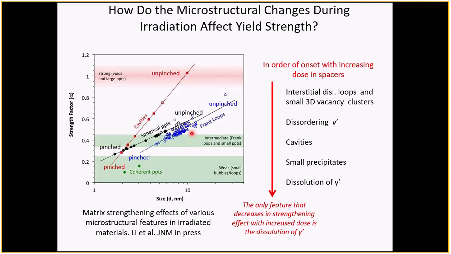If you can cast your minds back to when we looked at the Orowan looping and the cutting, this would eventually be bypassed. As in the case of precipitates, we'd get to a point when the precipitate size gets so big when you're aging that the spacing gets so big that the dislocation can bypass and go in Orowan looping.